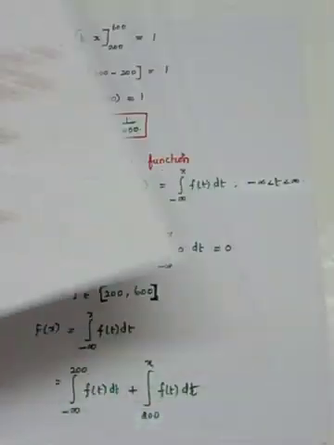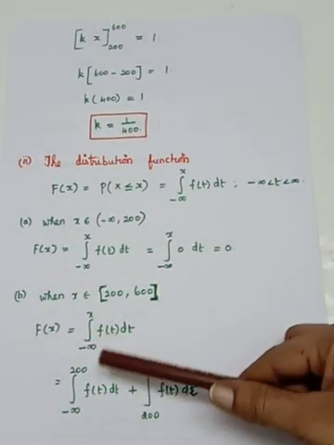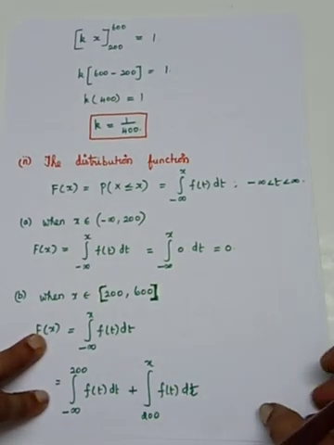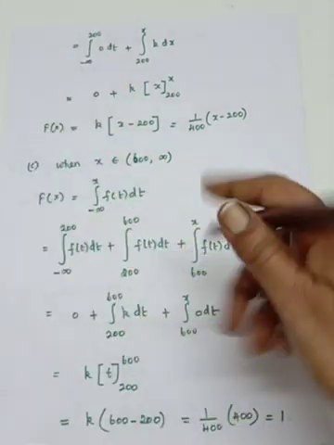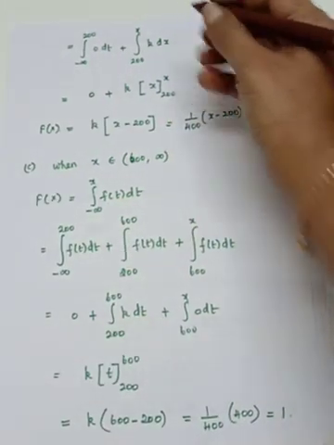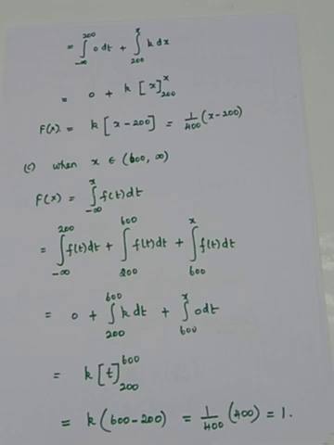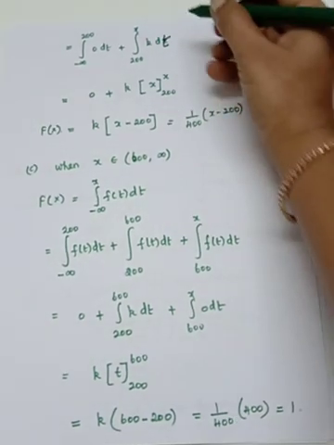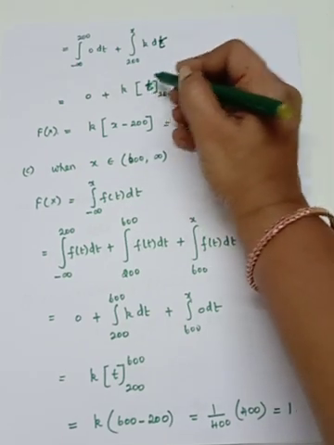Okay, so see now here I have written the integral from minus infinity to 200 of f of t dt, plus the integral from 200 to x of f of t into dt. So here it is 0. Here you will have k into dt. So if you integrate here, you will have t.